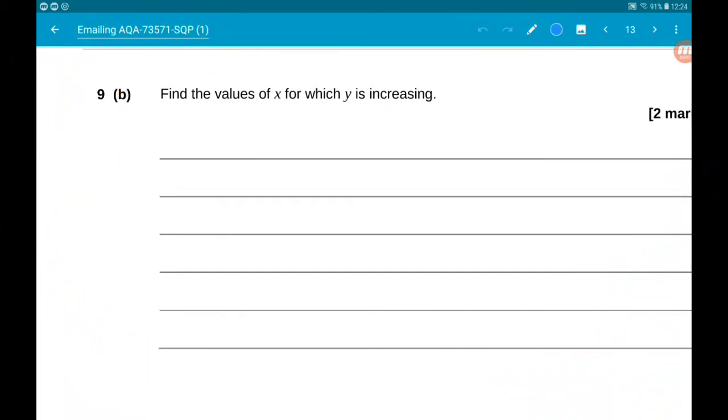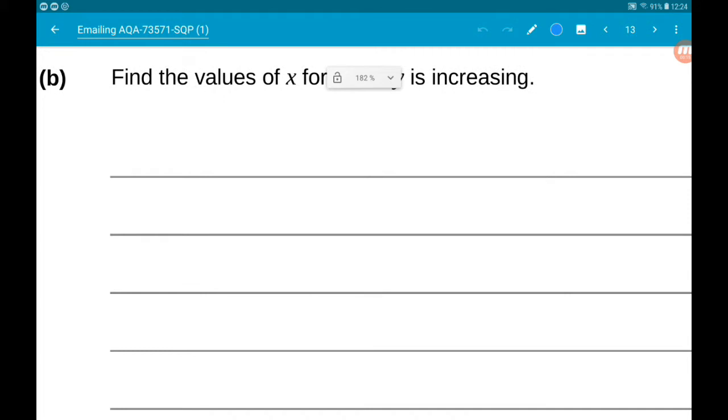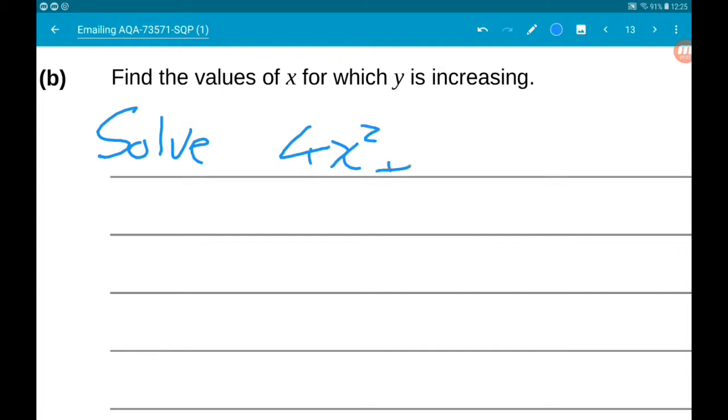Okay, and then part B wants us to find the values of x for which y is increasing. So, in other words, we want to solve this quadratic inequality. So we want to solve 4x squared add 12x minus 7 is less than 0.